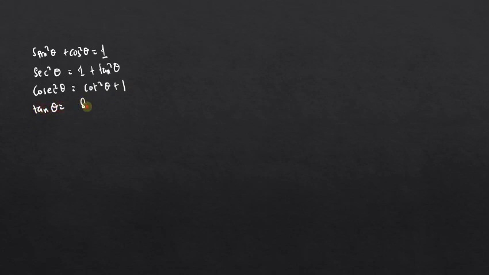Then we also had cosec squared theta is equal to cot squared theta plus 1. Then we have tan theta is equal to sin theta over cos theta. So these are the basic trig identities that you should know.